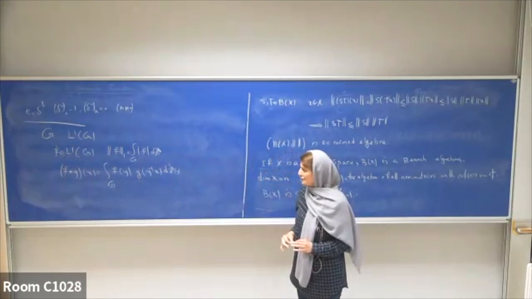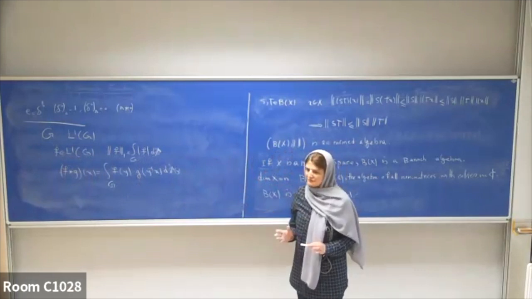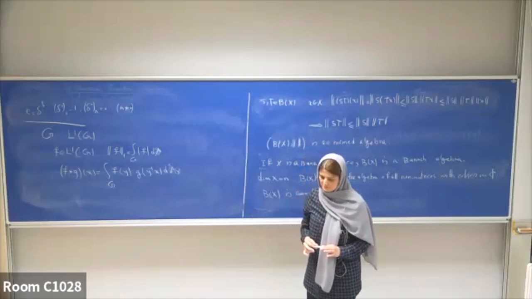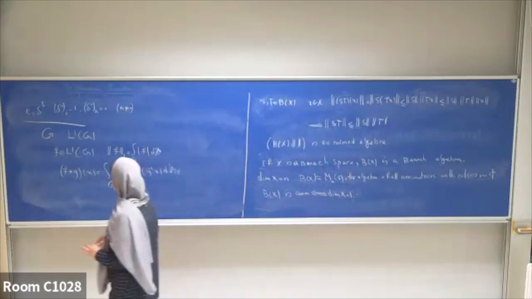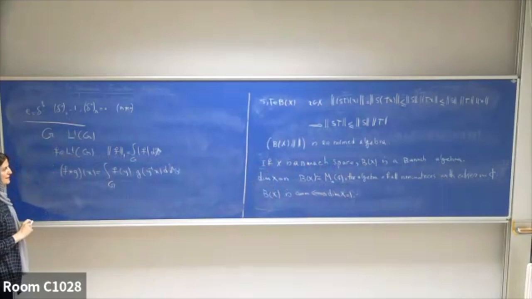But anyway, with Fubini's theorem and using left invariance of Haar measure, it can be seen that this is a Banach algebra with this convolution. That's why I use L1 as an example of a group algebra. And of course, L1 of G is not necessarily unital. It's unital if and only if G is discrete, like our example.